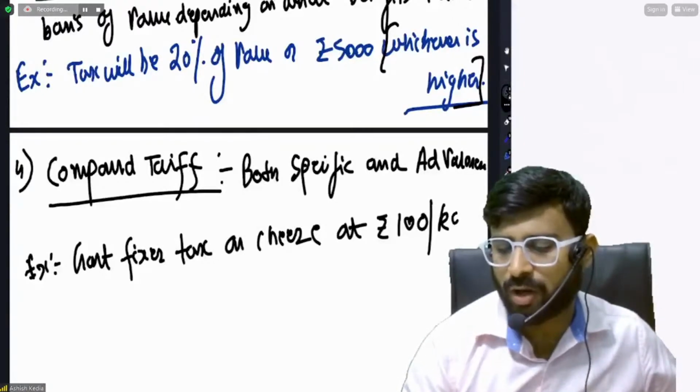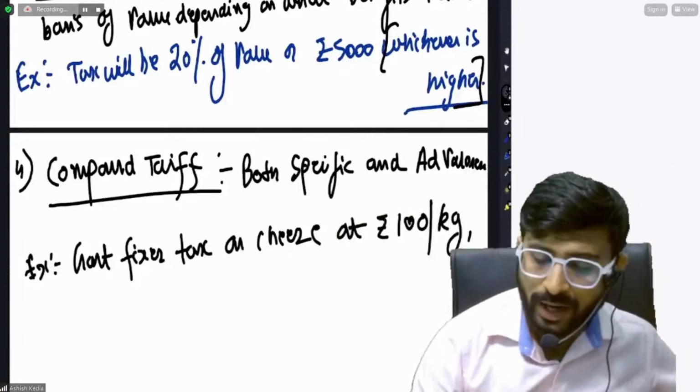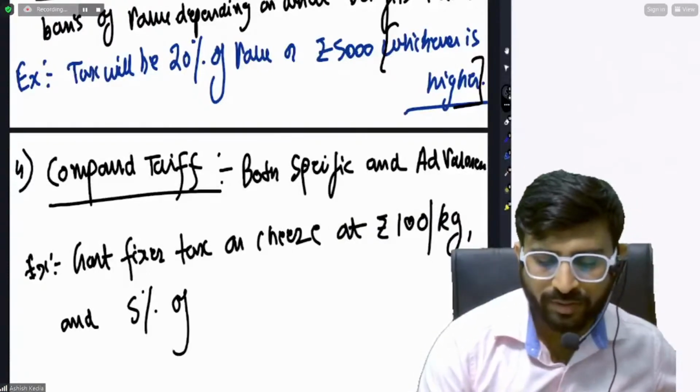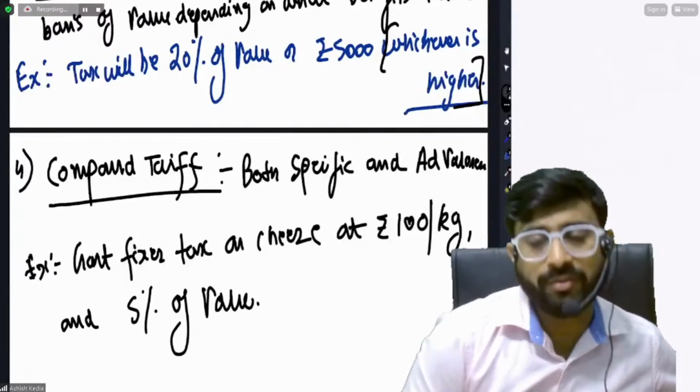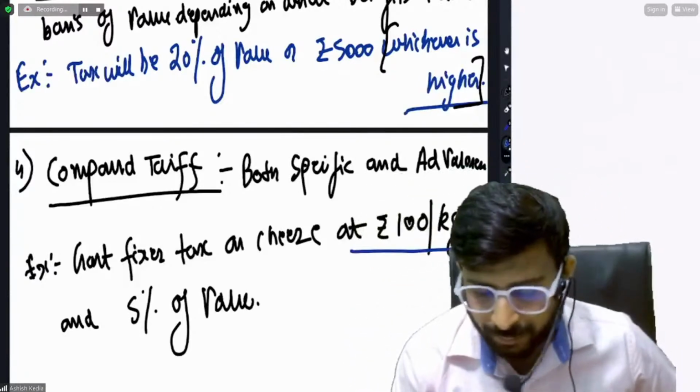So per kg you will have to pay 100 rupees. That is fixed. And also, 5% of value. So whatever will be the value of cheese, 5% of that. So here you see both are present.